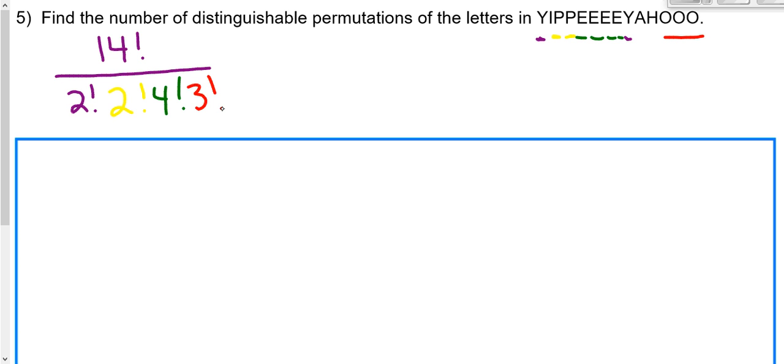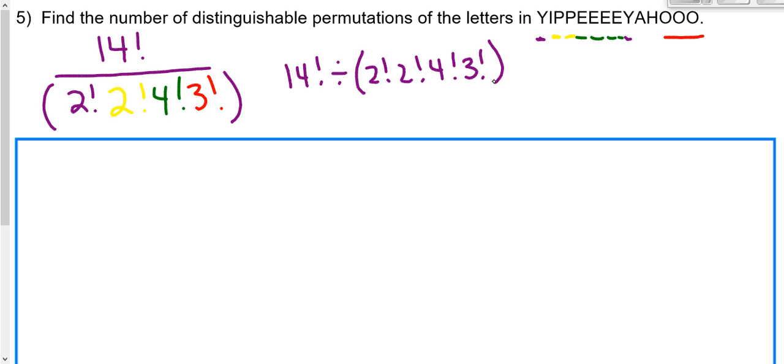Now when you put this in your calculator, it depends on how you decide to type it in, but you may need to put parentheses around your whole denominator. 14 factorial divided by, parentheses, 2 factorial times 2 factorial times 4 factorial times 3 factorial. Or if you want to type it in like this, you won't need parentheses: 14 factorial divided by 2 factorial, divided by 2 factorial, divided by 4 factorial, divided by 3 factorial.